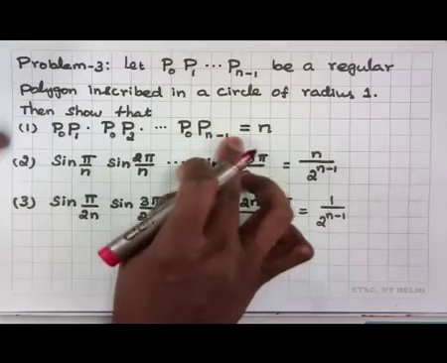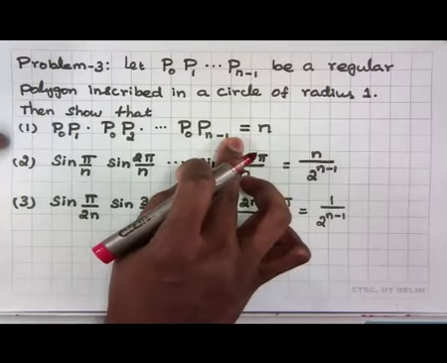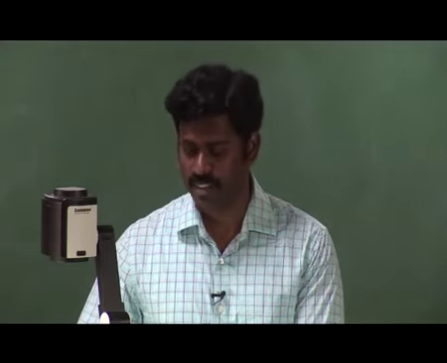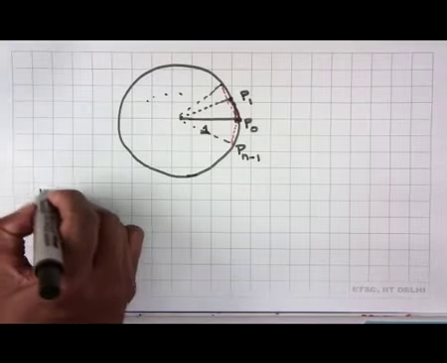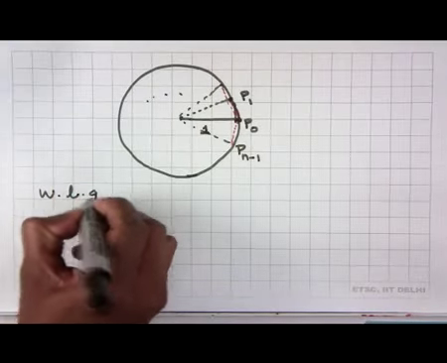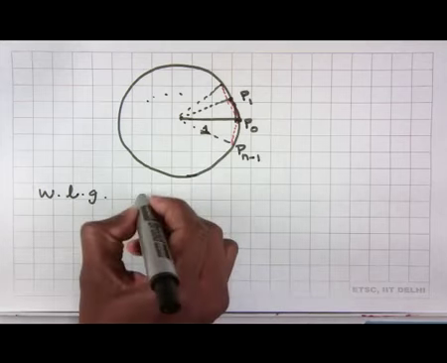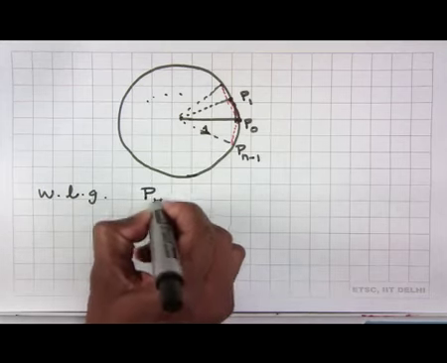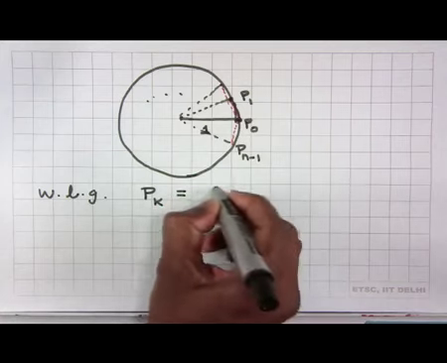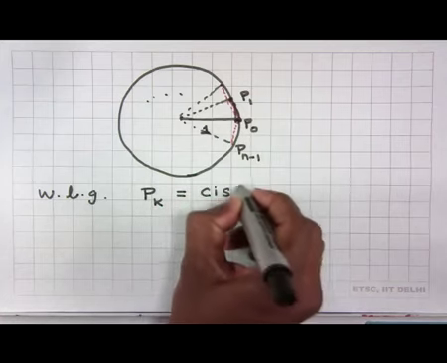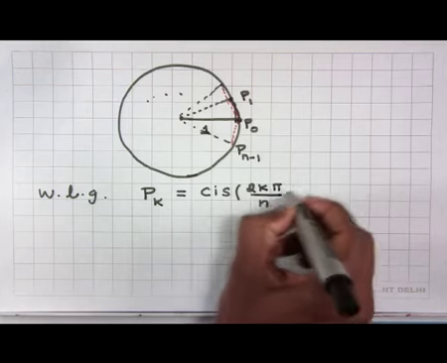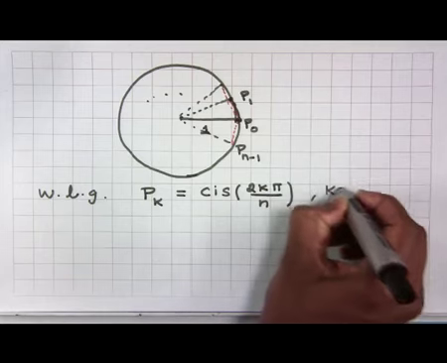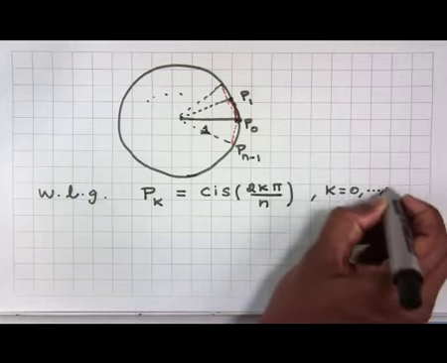Though geometrically it looks complicated, once we write it down in terms of complex numbers, it is very clear. It is an easy identity to prove. So, without loss of generality, we assume that these pk's are placed at alpha power k, that is the nth roots of unity, k is from 0 to n minus 1.